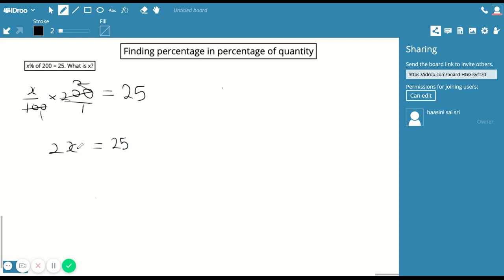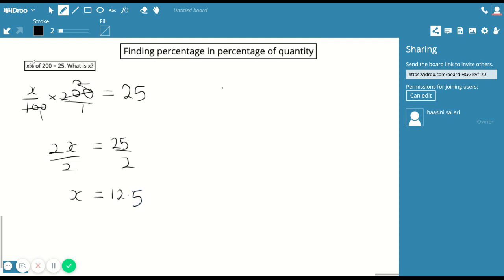Now I only want the value of x. So I'm going to eliminate 2 here. To eliminate 2, I'm going to divide by 2 on both sides. So here 2 gets cancelled, only x is left, and here 25 divided by 2 is nothing but 12.5.